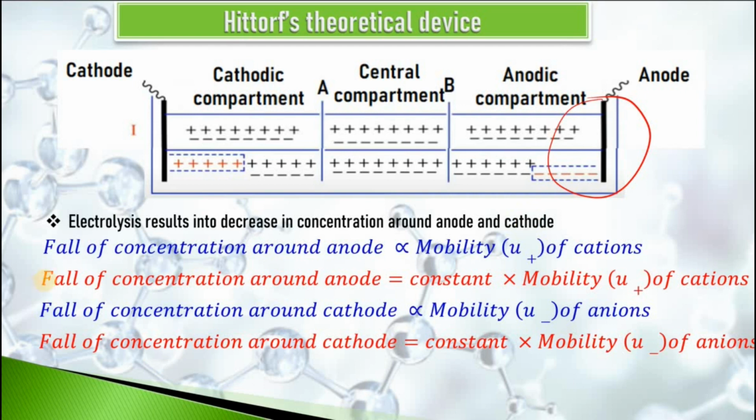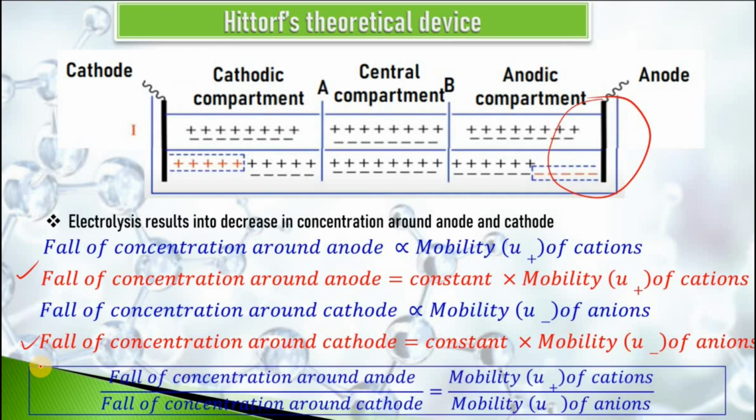If we take these two equations and divide them, we will get a better equation: the fall of concentration around the anode divided by the fall of concentration around the cathode during electrolysis will be equal to the mobility of cations divided by the mobility of anions.